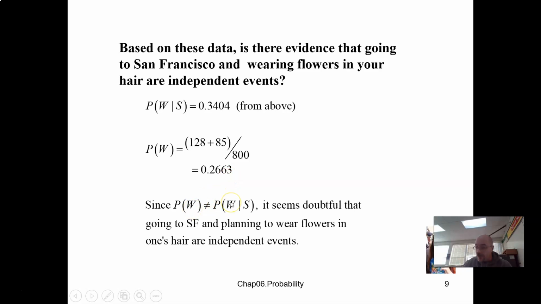They do not equal each other. So it seems doubtful that going to San Francisco and planning to wear flowers in one's hair are independent. Just go with what it says there.